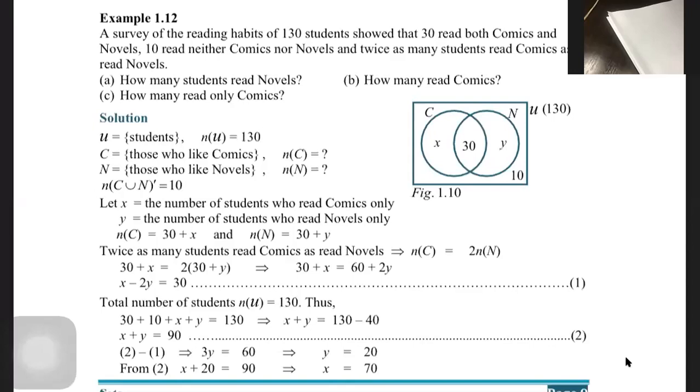There's no spot or space anywhere. Now you come to how you can solve this, because you have 2 different variables. It is only by simultaneous equation. You also know that X plus 30 plus Y plus 10 should be equal to 130. This is the first equation, equation 1.